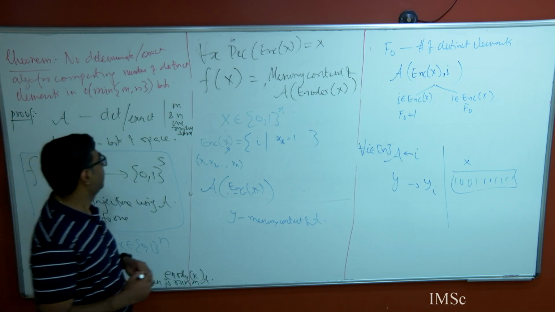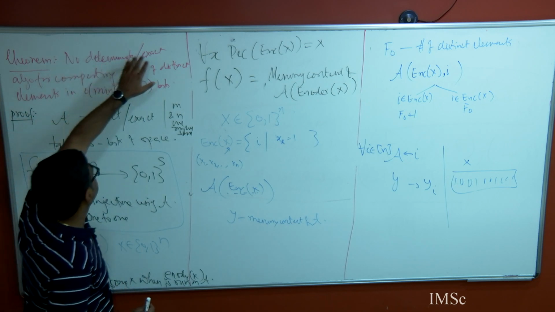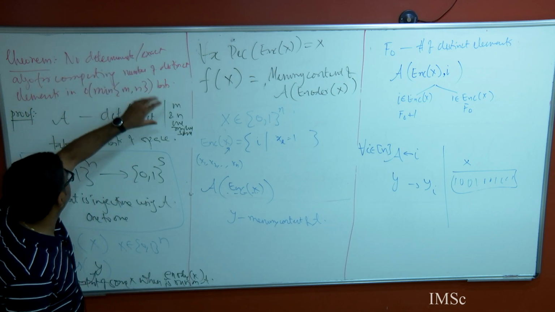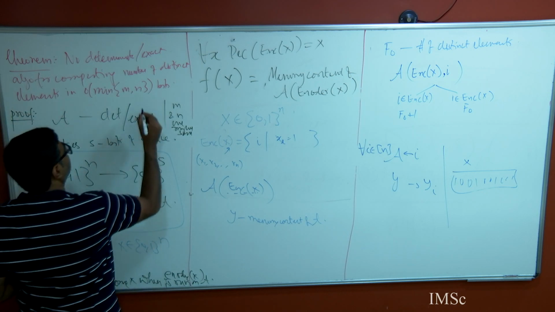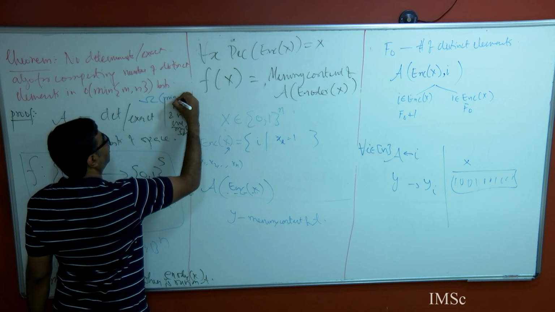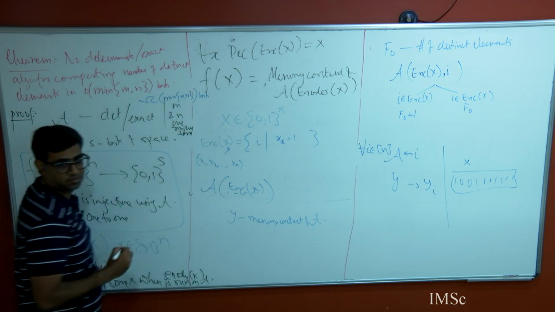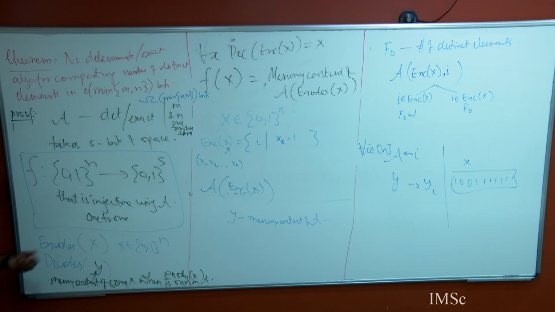This tells us that if we are looking for a deterministic exact algorithm for computing the number of distinct elements, then you need omega of min of m comma n bits. This is at least n. This is not even big O. You need at least n bits.